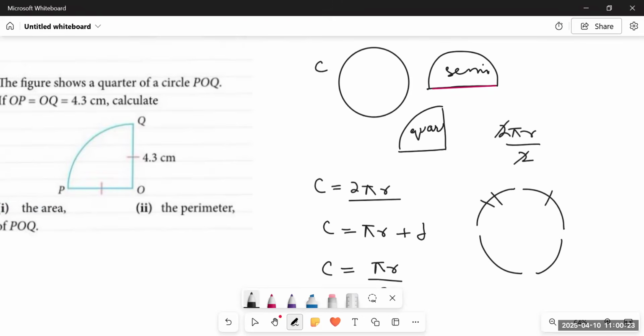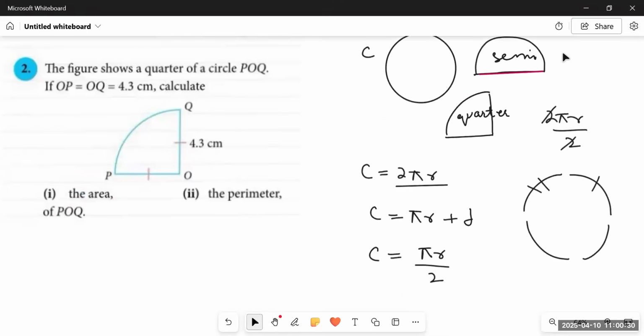But these are the circumferences, and we are required to find the perimeter for the semicircle, and they do not say find the circumference of the semicircle or a quarter circle. When it comes to a circle, the question would be find the circumference of the whole circle. When it comes to the semicircle or a quarter circle, then the question would be find the perimeter of the semicircle or the quarter circle.